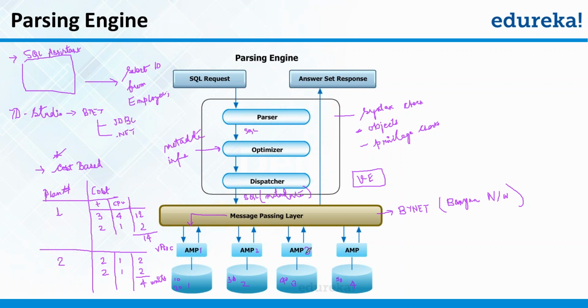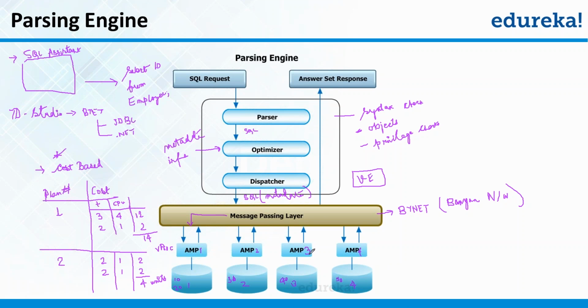For AMP3, the only data it is responsible for is row number 40, and for AMP4, the only row it is responsible for is row number 50, ID equal to 50. So what has happened here? One select task has been broken down into 4 parts, with each processor handling its own data.